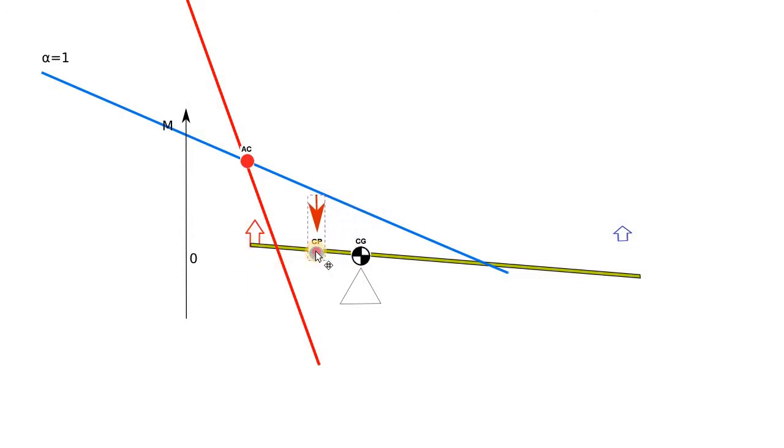So it moves in the opposite direction. But in that case, for this section, we're going to have more nose, because the nose is going to be like this section to the center of pressure, and then that section, because it rotates about the center of gravity.